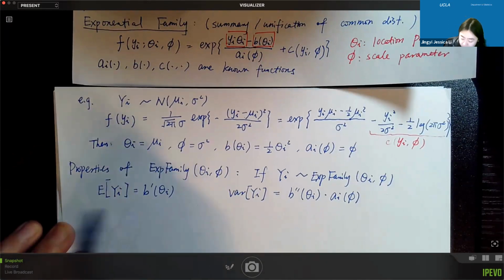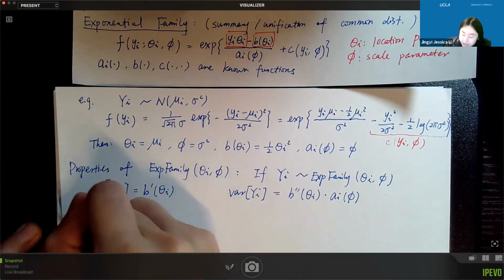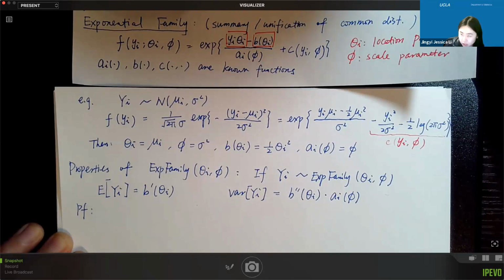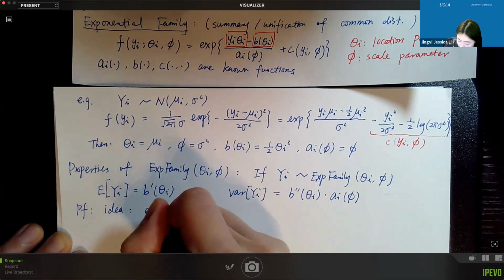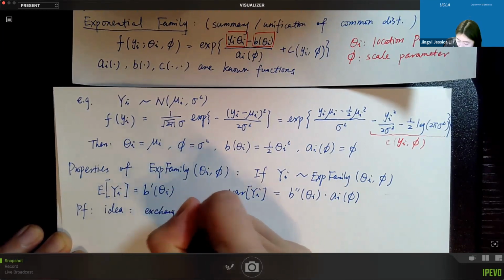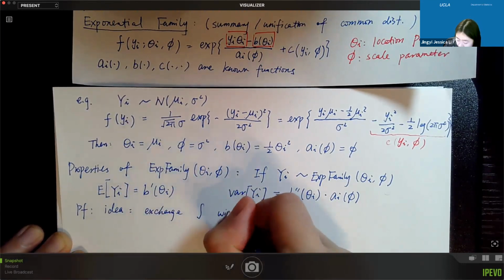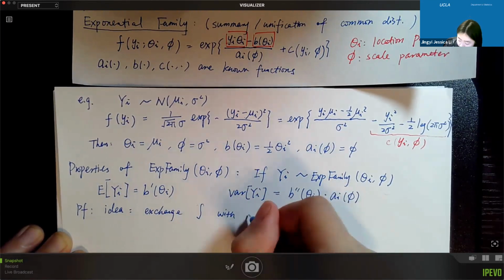The proof is actually based on exchangeability between integration and differentiation. That's the key. The idea is to exchange integration with differentiation.